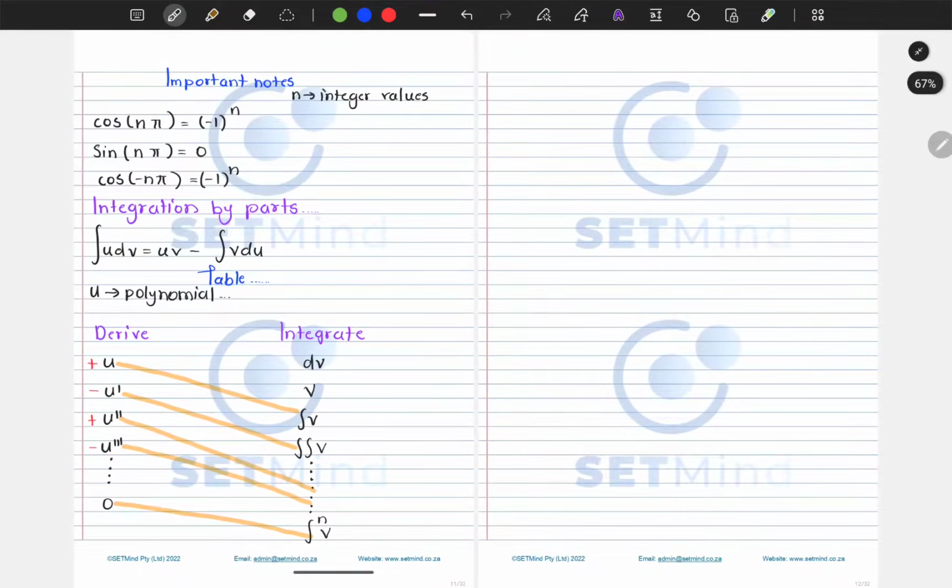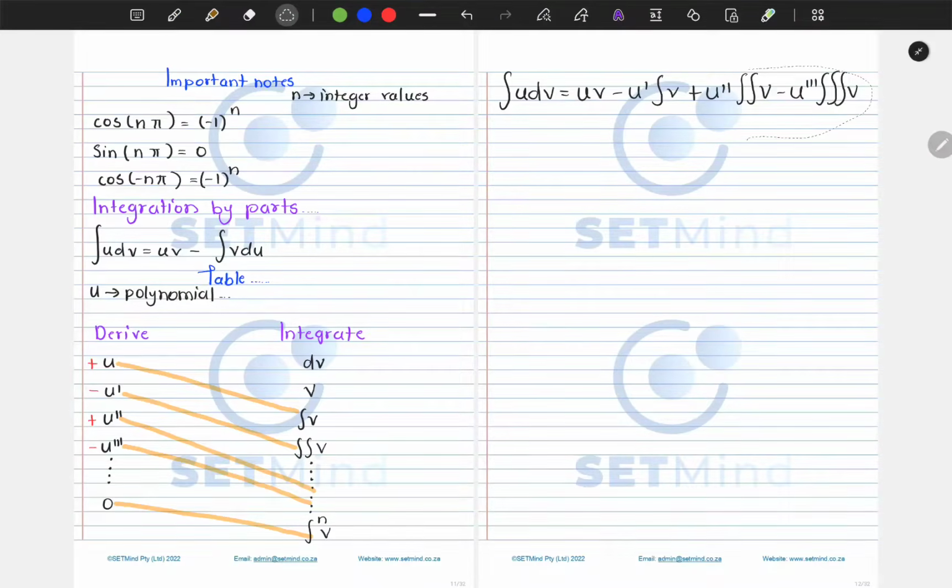So our integral of u dv would now be, if you look carefully, u times v, and then minus our u dash times the integral of v. And then, if you observe carefully, our second derivative and our second integral of v, and then minus our third derivative, and then you would be having your third integral of v, and so on.